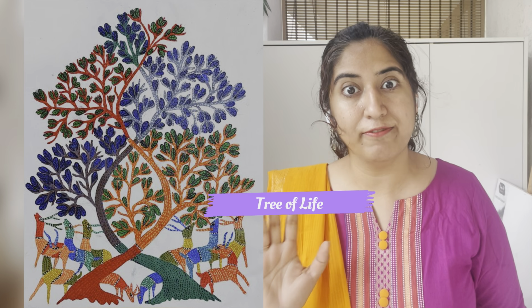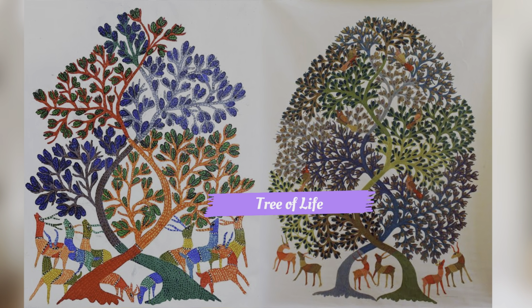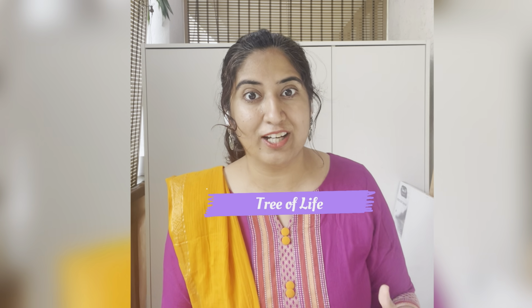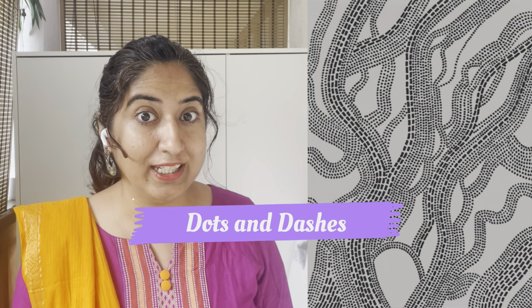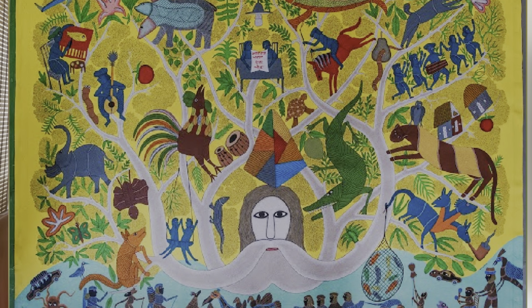Most common theme of Gond paintings is the tree of life, which shows the interdependence of different beings on each other. Dots and dashes are unique to this art style, and they come from a mythological tale of Naga Baikin. She is the goddess of Gond tribe, and one day she clad her entire body just like tattoos with dots and dashes to hide her nakedness.